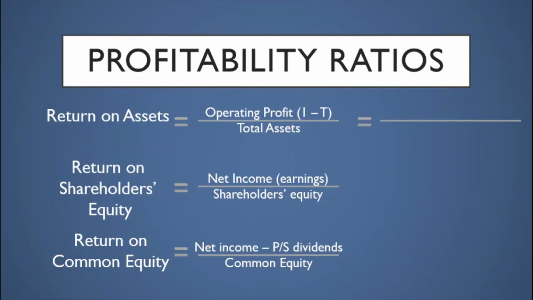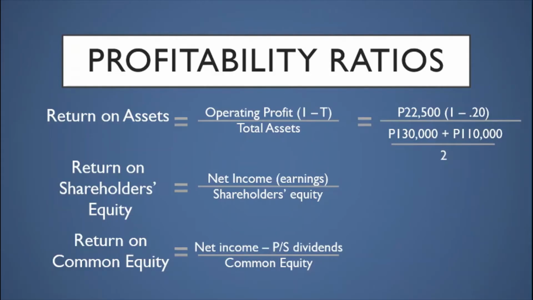Return on assets. Operating profit is 22,500 multiplied by 1 minus 20%, the tax rate, all over the average assets of 130,000 and 110,000 divided by 2.